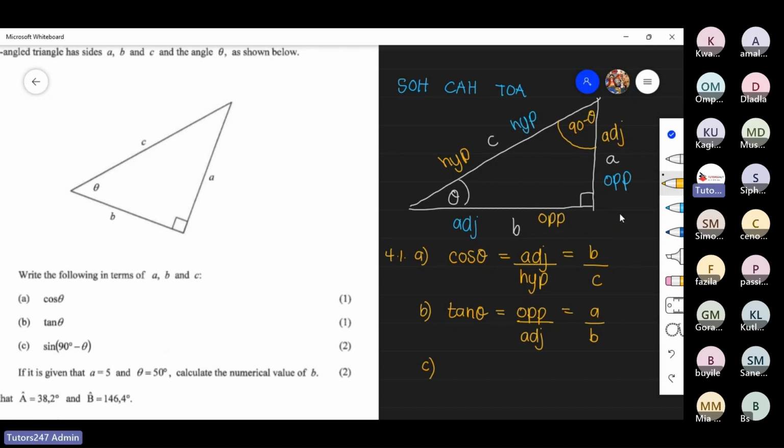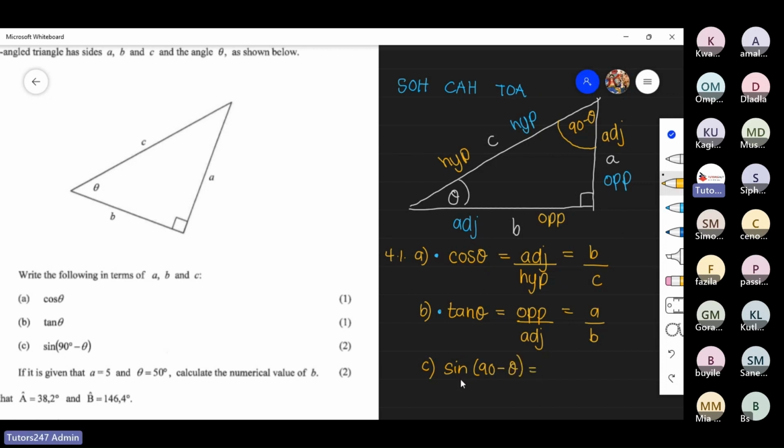Everything that's in blue was to assist you with question A and B. And everything that's in yellow, the hypotenuse, opposite and adjacent, is to assist you with question C.